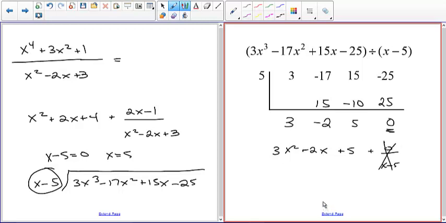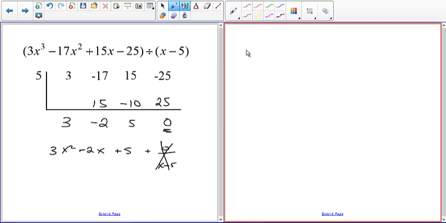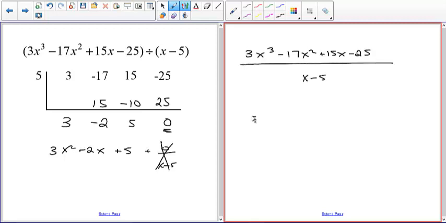So if we write it out, 3x cubed minus 17x squared plus 15x minus 25, all divided by x minus 5, that's equal to 3x squared minus 2x plus 5.